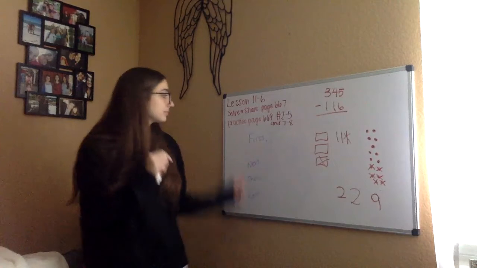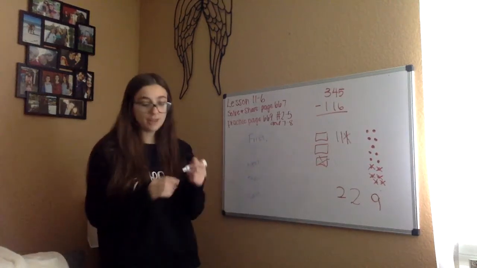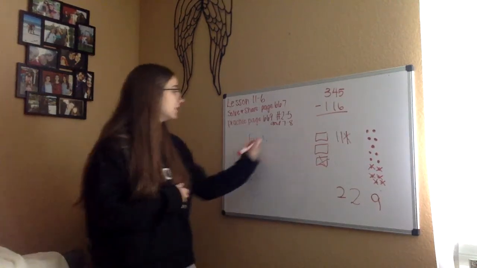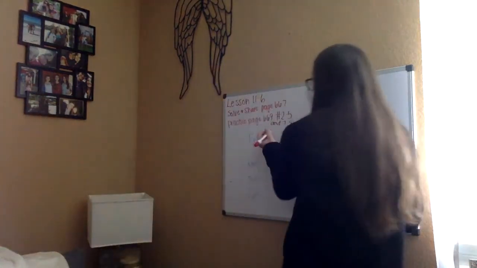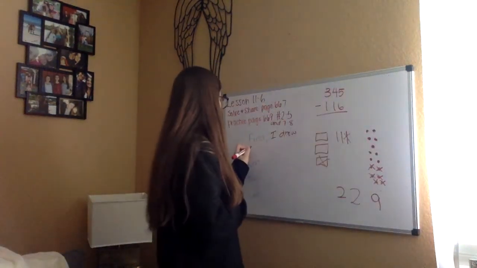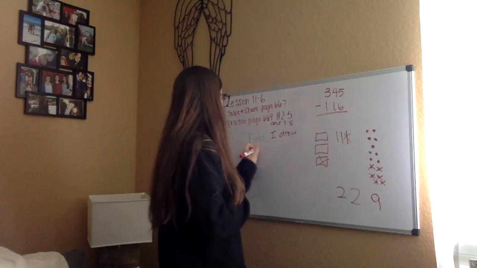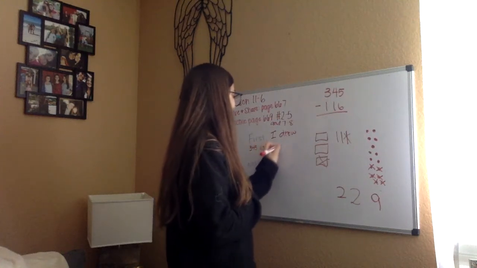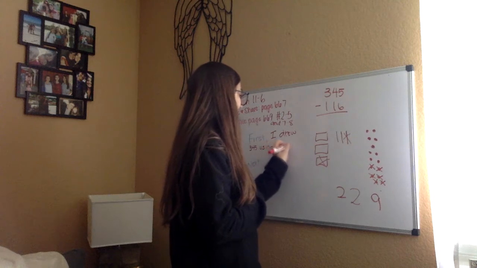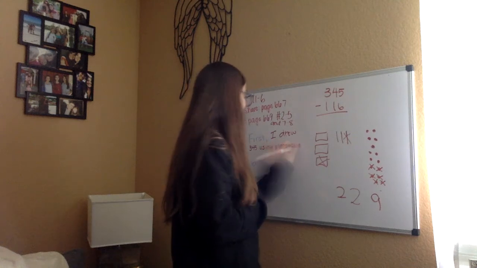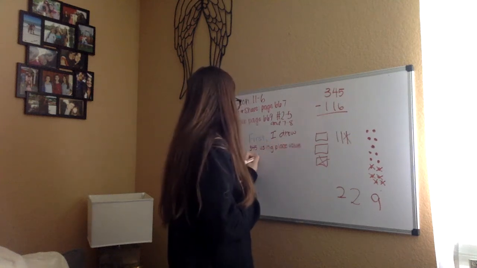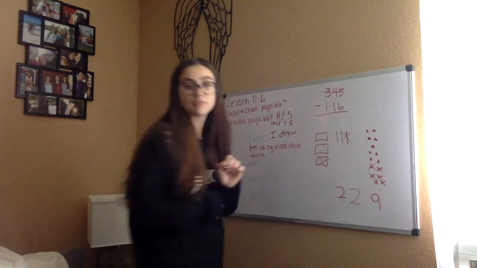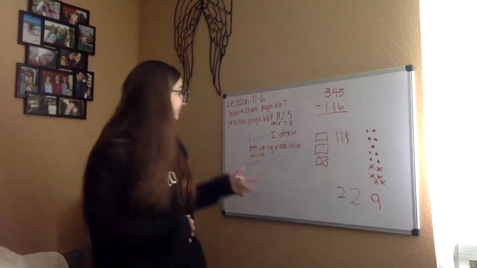So because I used place value blocks, I'm going to say first, I drew my place value blocks. Or I could say I drew 345 using place value blocks. That's the first thing I did.